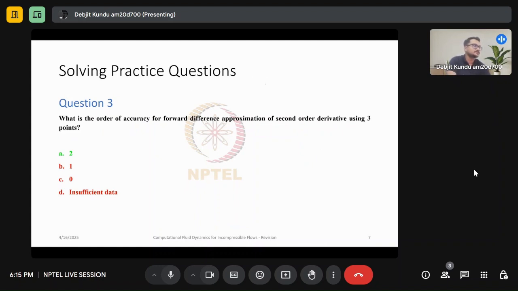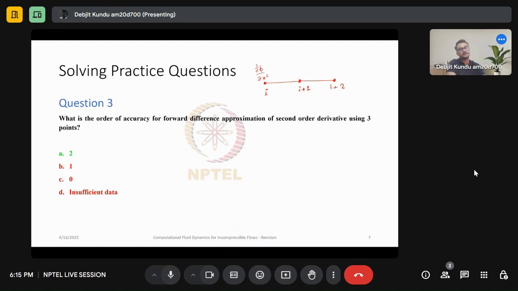So since you have to use 3 points in the forward difference approximation, if you're trying to evaluate at point I, you need 2 more points, I plus 1 and I plus 2, and this is your dou 2 phi dou x2 over here.